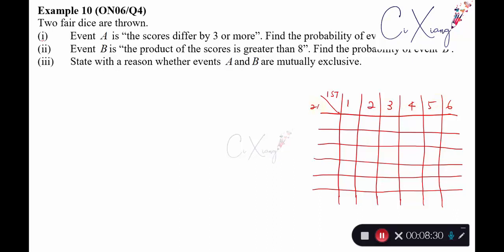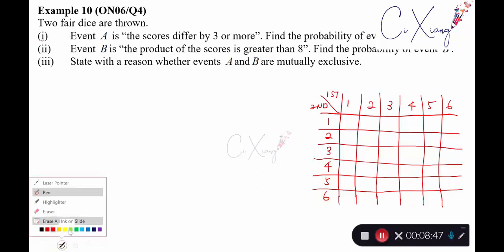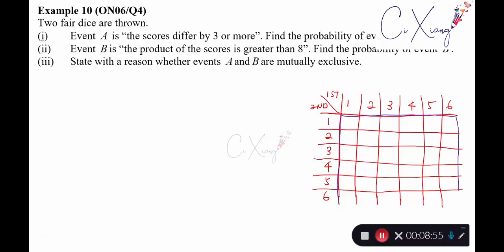And for the second dice, I also have the second set of outcomes with 1, 2, 3, 4, 5, 6. Again, what is the total number of elements in the sample space? If you count from here, there are 36 cells. So that means n(S) is 36.